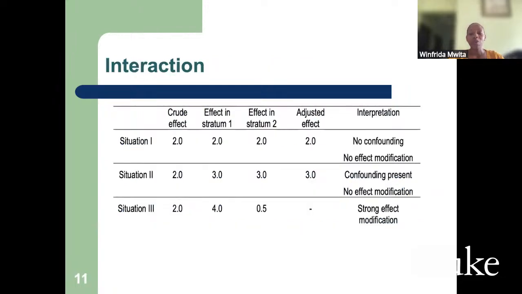So how would you know you have interaction in your analysis? Usually, I've tried to come up with a simple table. We have three different situations, and we have the crude estimate and the adjusted estimate, and we have stratum specific estimates in the middle. The stratum specific estimates are for the third variable.